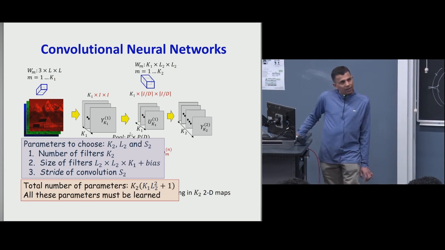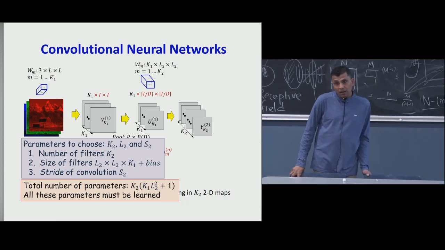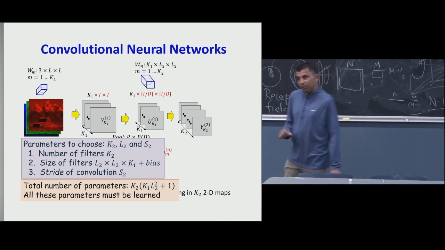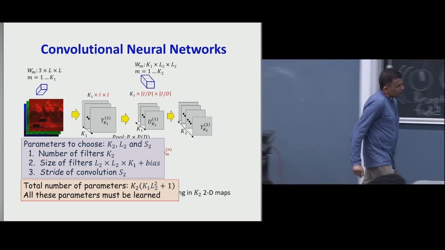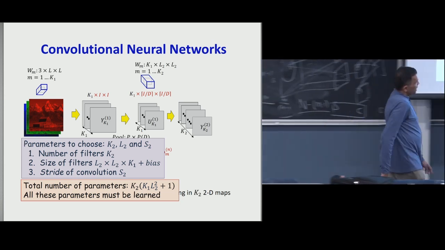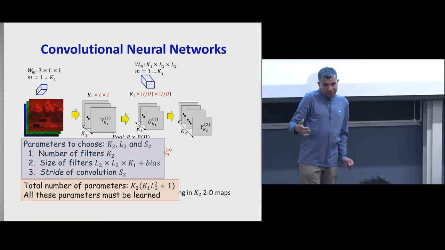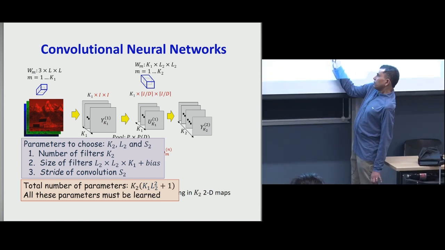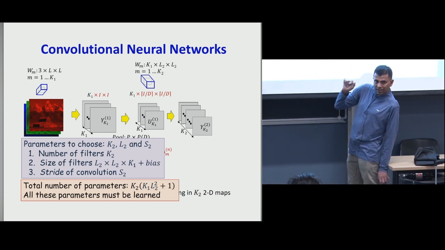And so here, the parameters you'd have to choose are how many output channels, what is the size of the individual filters, and what is the stride that you would be skipping by when you're actually performing the convolution. So this is for the second layer of filters. The total number of parameters is going to be K2, because you have K2 output channels, right? For each of these output channels, the filter itself is looking at K1 input channels.